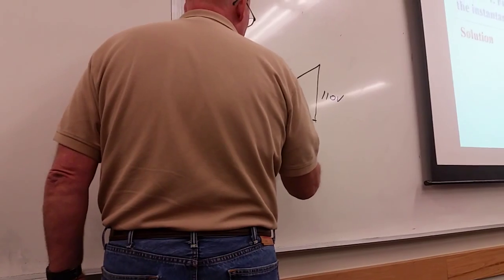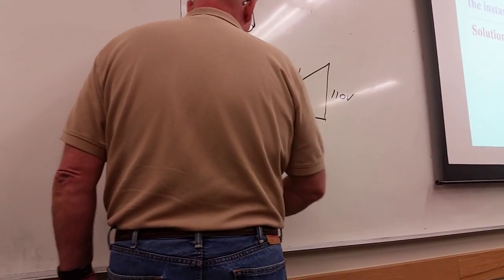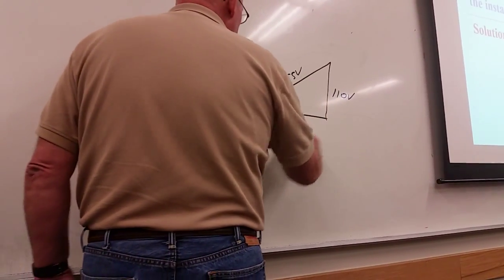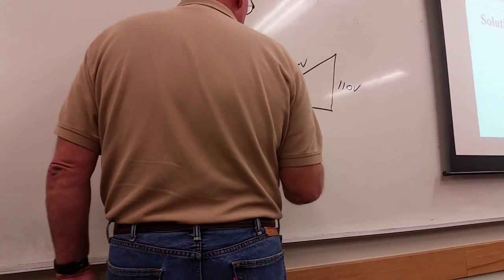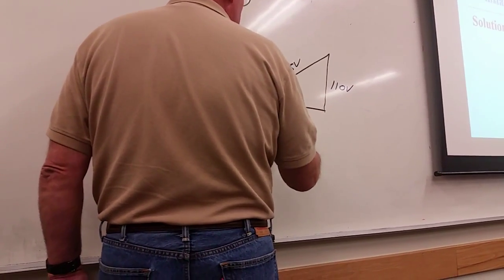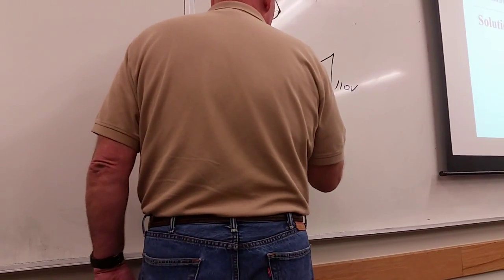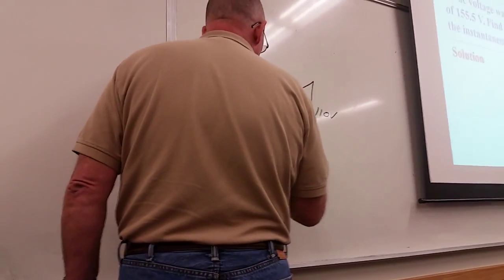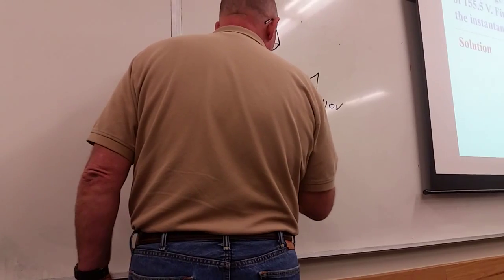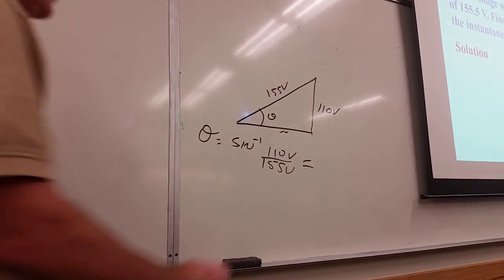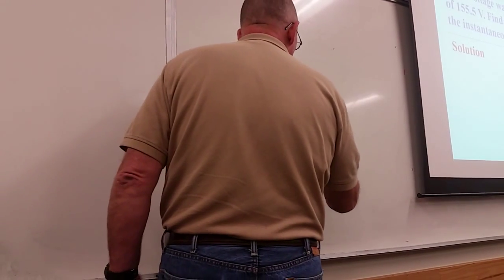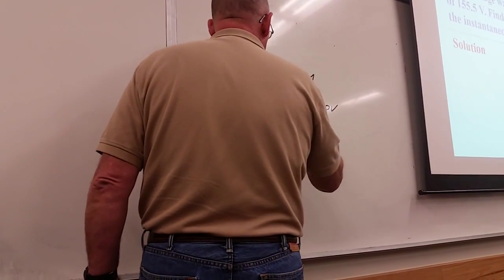Actually, we need to write it the other way, right? Theta is the sine inverse of 110 divided by 155 volts, right? So 45 degrees. And that's the phase angle? Yeah.